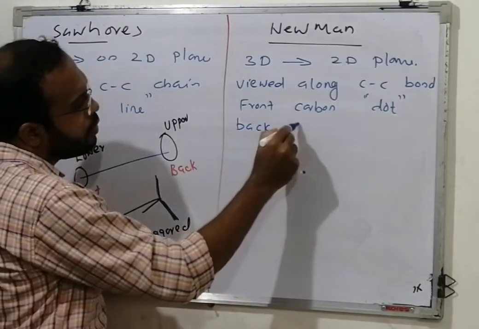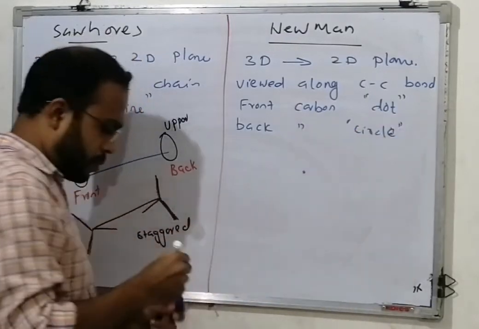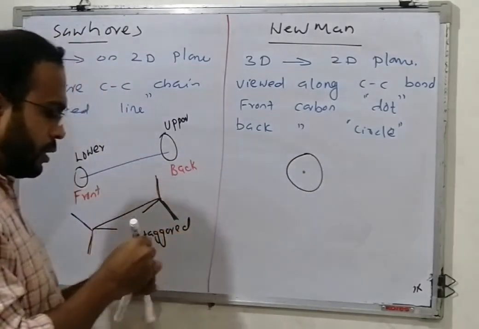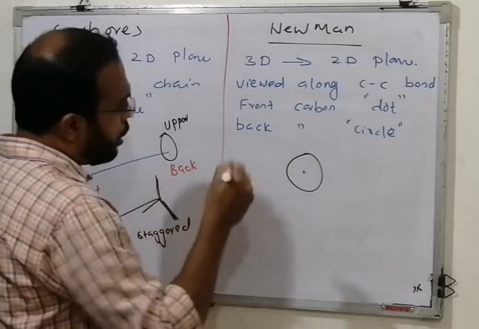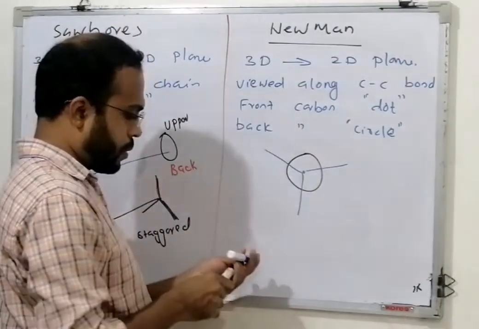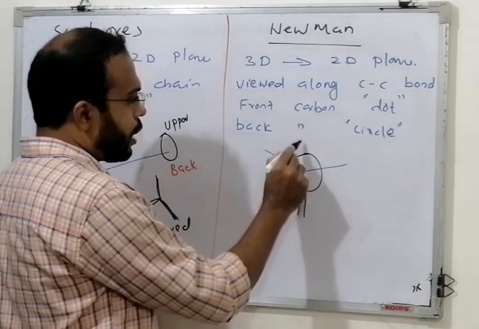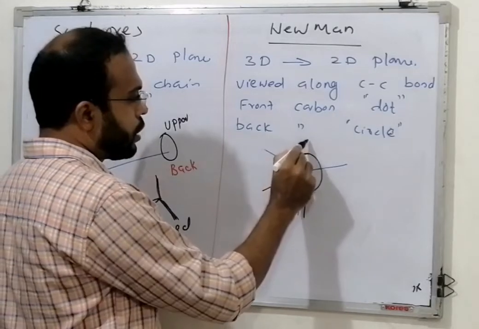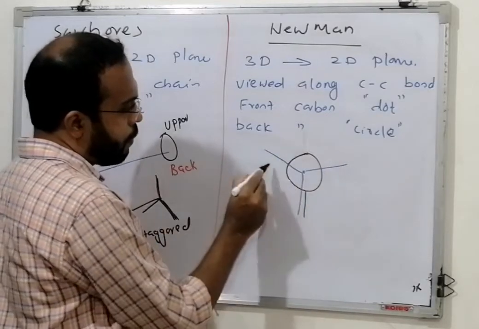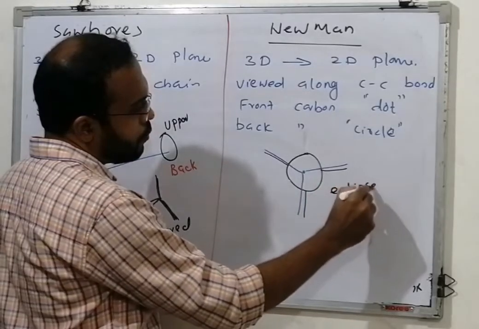Back carbon is a circle. This is the front, this is the back. Other atoms are attached to this carbon. These are the three other atoms attached to the carbon. This is eclipsed.